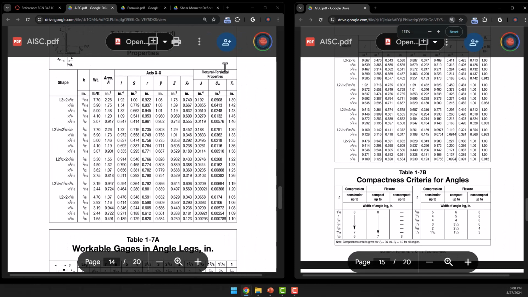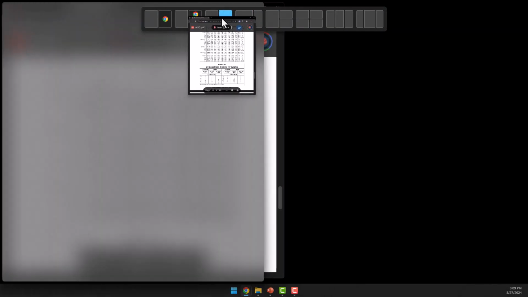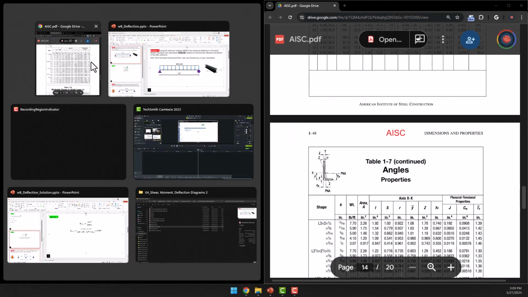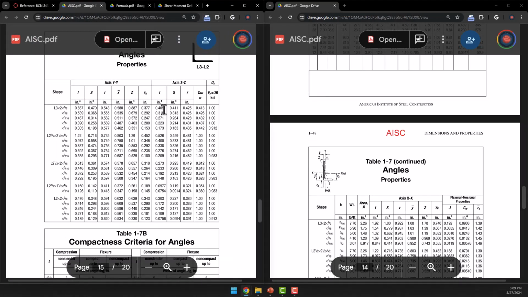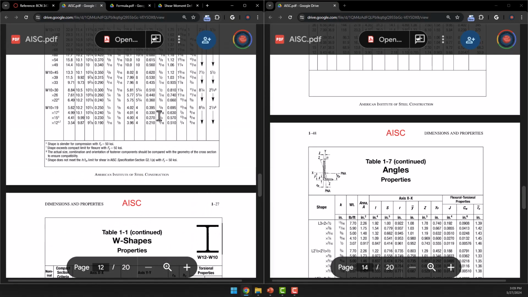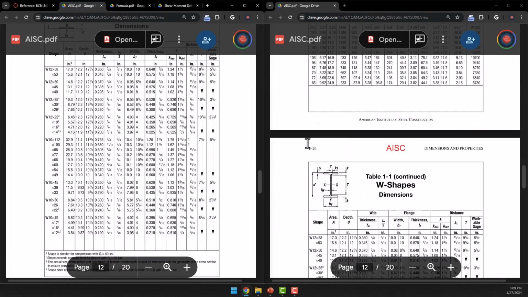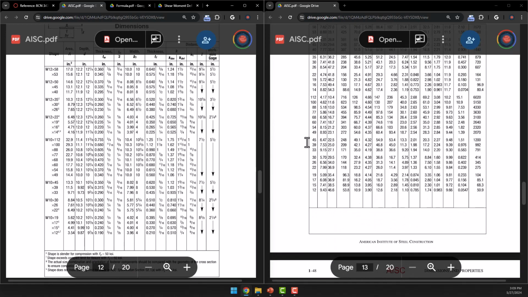Let me open that up a little bit bigger for you, easier to see.